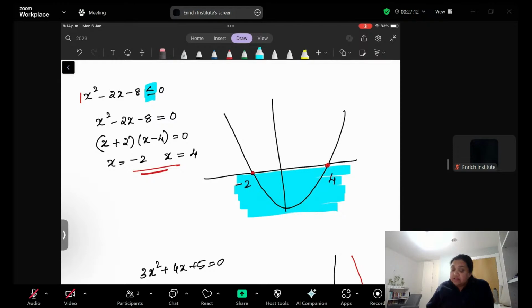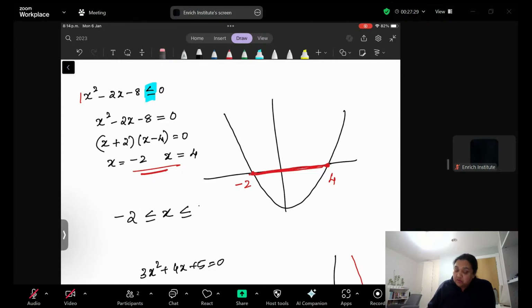So where is it less than or equal to 0? It is in this part of the graph, and the solution is between minus 2 and 4. So the solution is here. Then you can write the solution as minus 2 less than or equal to x less than or equal to 4. This is the solution for our question.